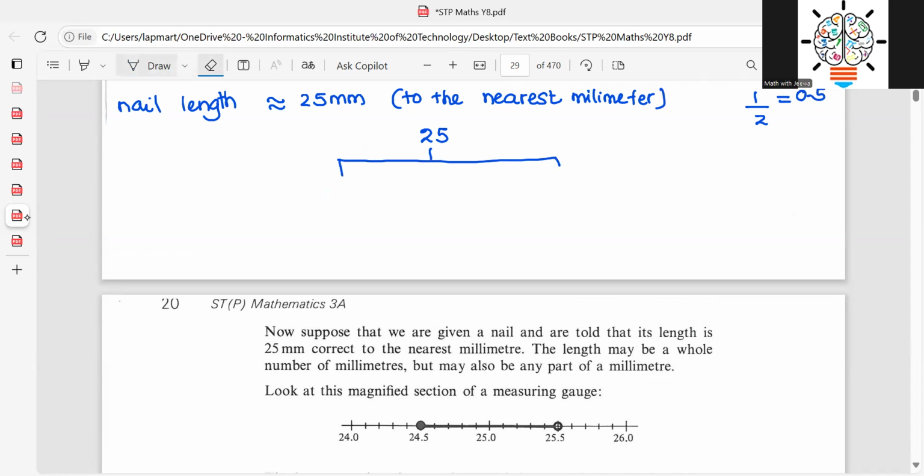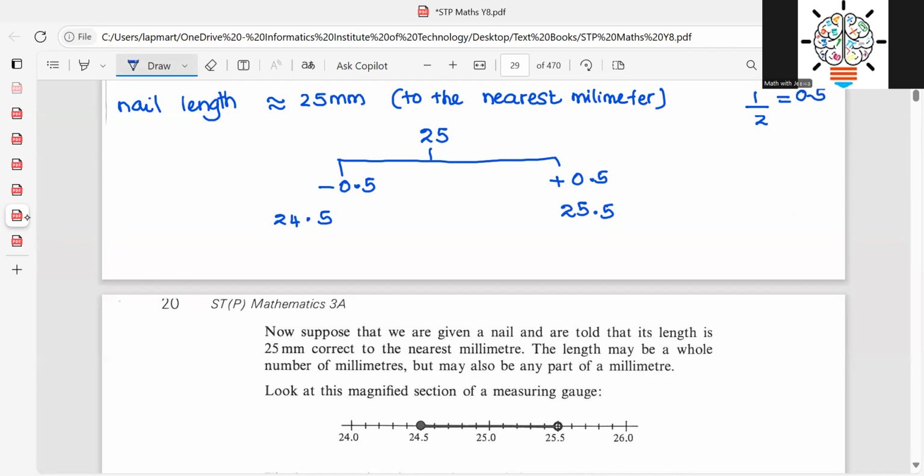To this side I write minus and to this side I write plus. Then this becomes 24.5 and this becomes 25.5. So these are the ranges.